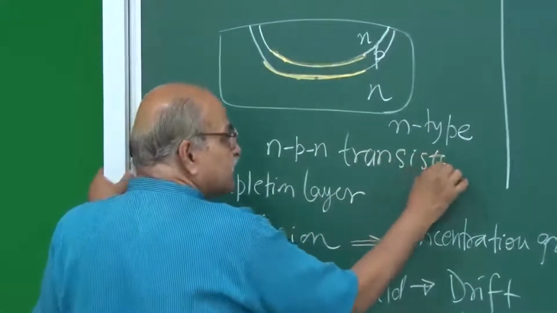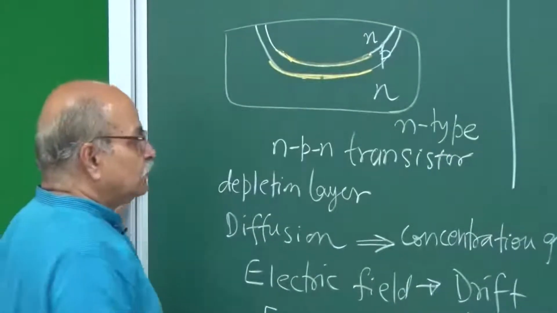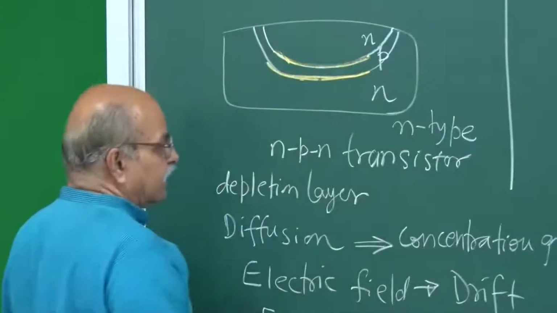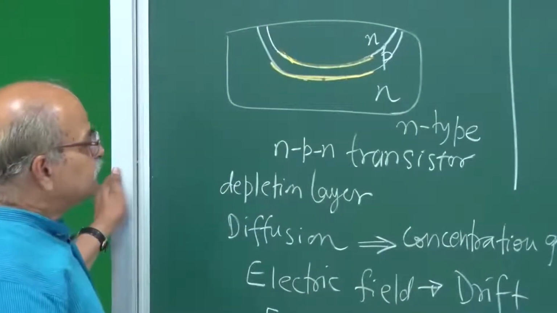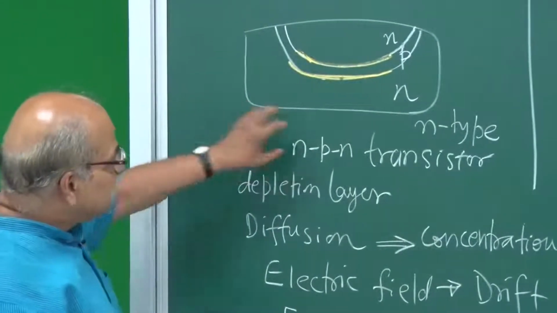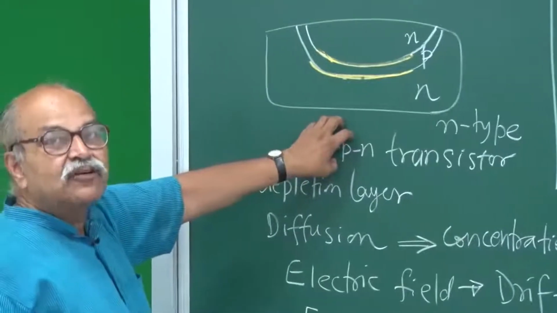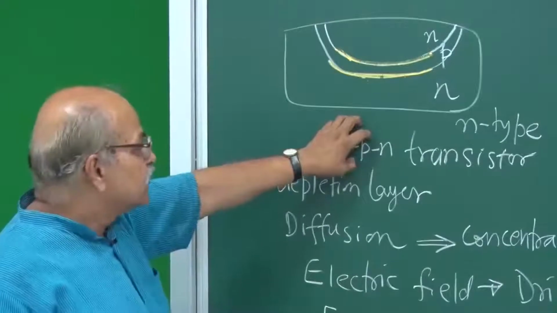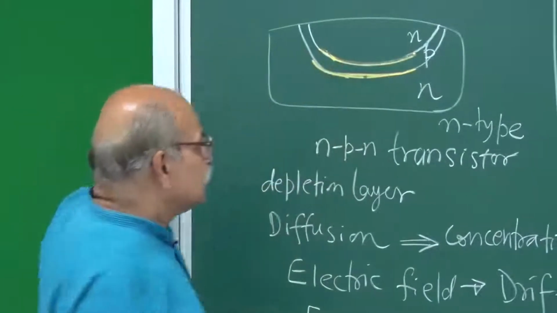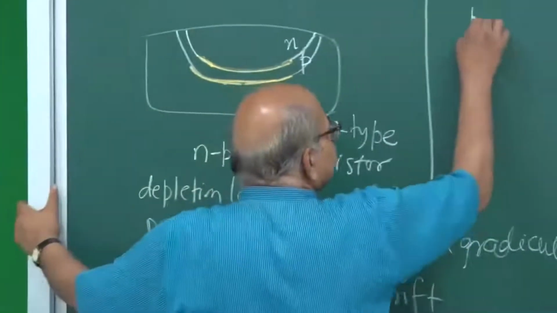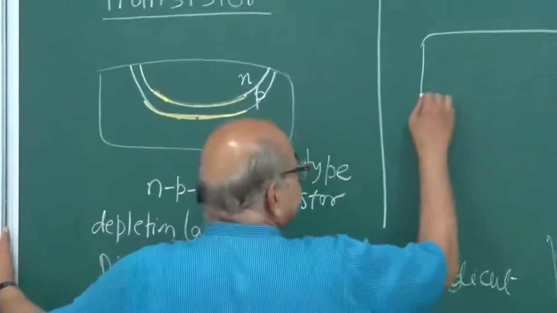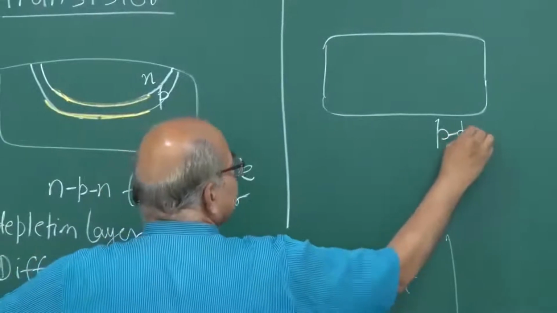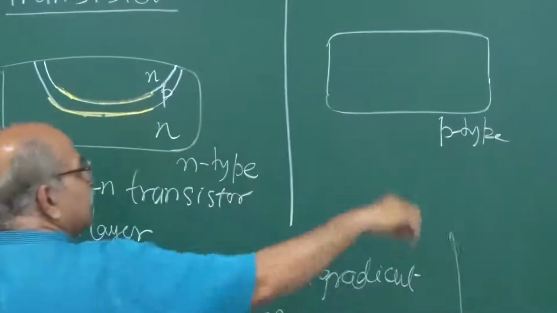Most of the time we will be using the NPN transistor to explain all the physics, all the processes in the transistor. But you can have the opposite of this. You can start with a wafer which, to start with, is all P type.